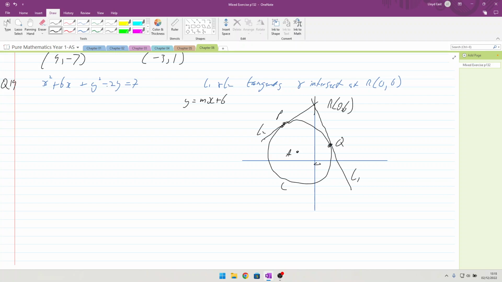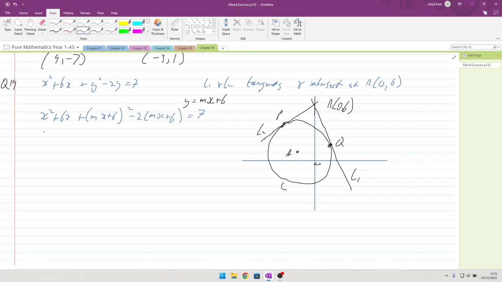Let's take the y and start putting it into this. x squared plus 6x plus (mx plus 6) squared minus 2y, which is mx plus 6, I don't know what the m is yet, equals 7.